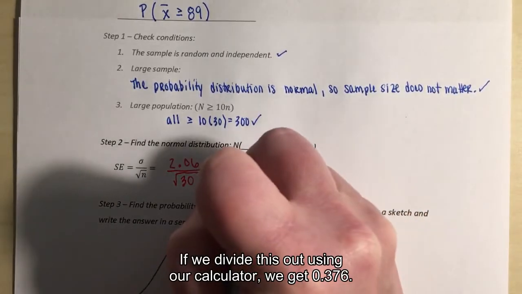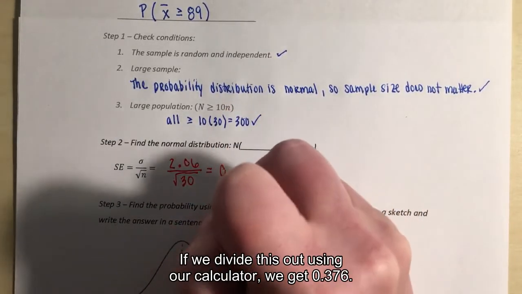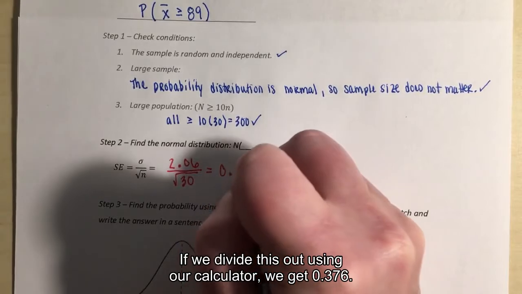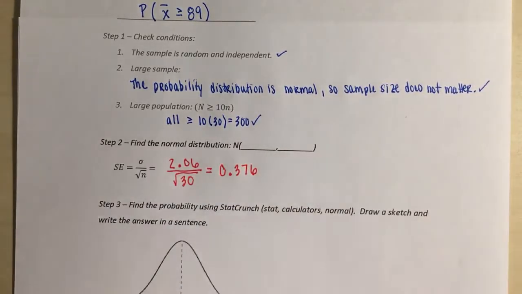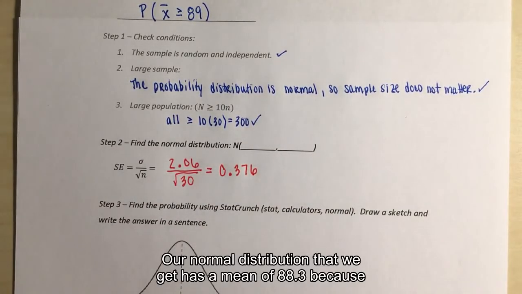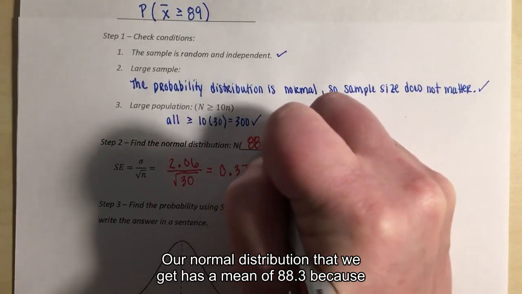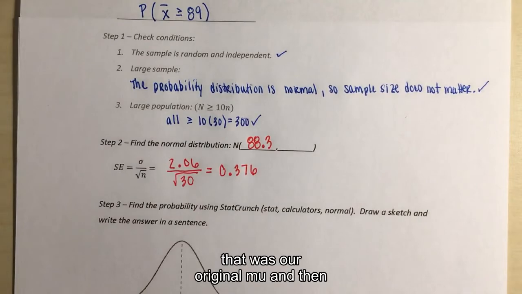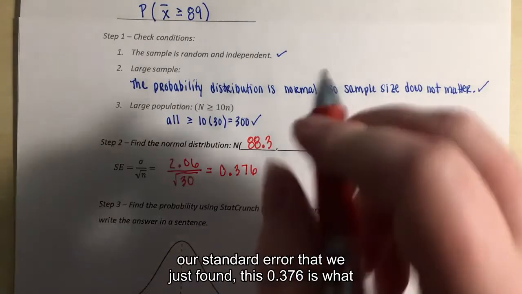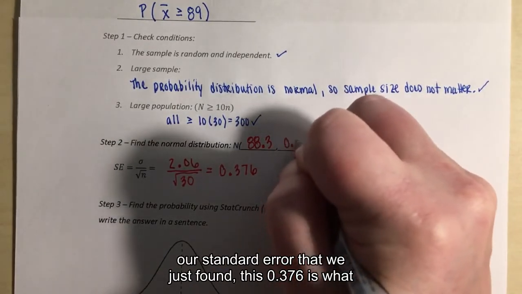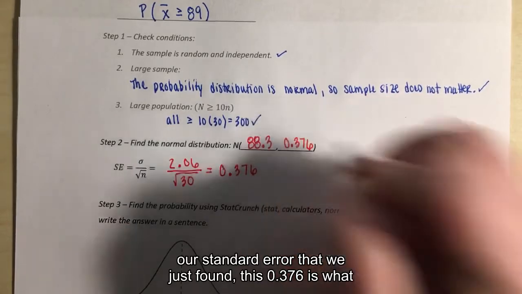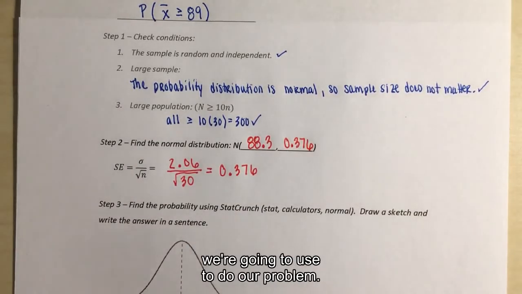If we divide this out using our calculator, we get 0.376. So our normal distribution has a mean of 88.3, because that was our original mu, and then our standard error that we just found, 0.376, is what we're going to use to do our problem.